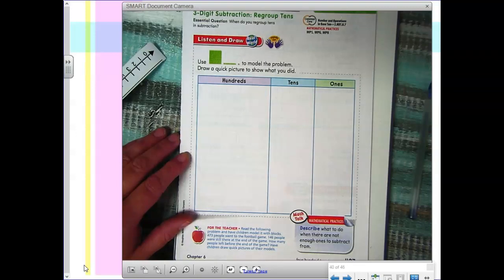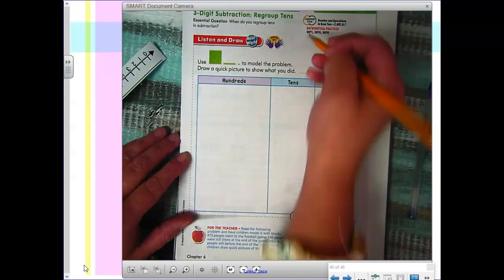The first thing, boys and girls, will we add or subtract? This is a subtraction problem because some people left the game.